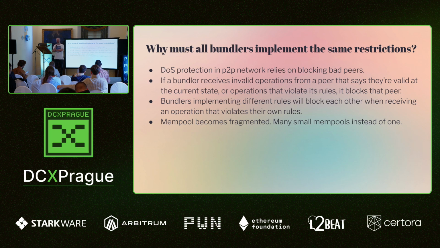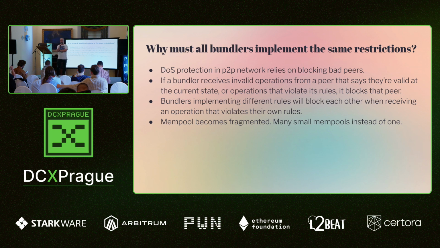Let's say you wanted to DOS this peer-to-peer network, and remember that it's permissionless. You could set up a node that keeps spamming other nodes, sending them a lot of invalid transactions that all use the maximum allowed validation gas, and then say, no, it's not valid. And then you could keep the network busy. But we need to prevent that.